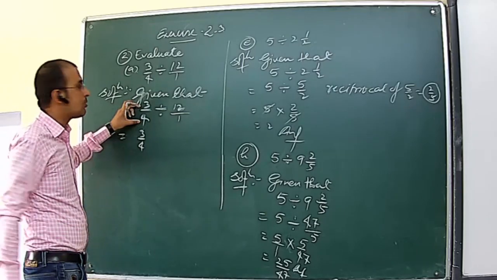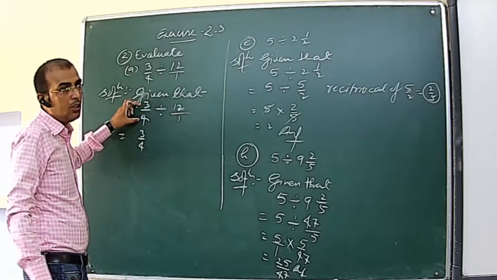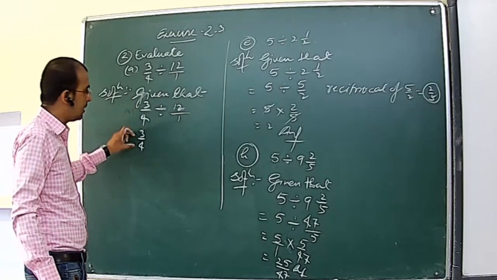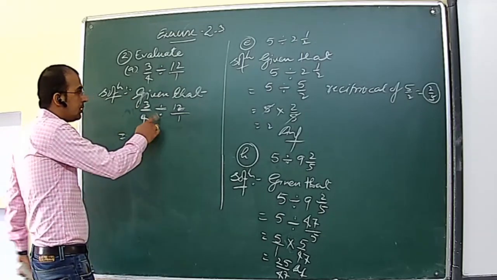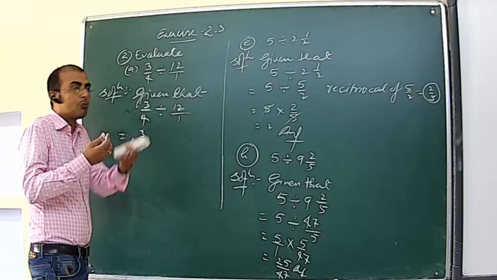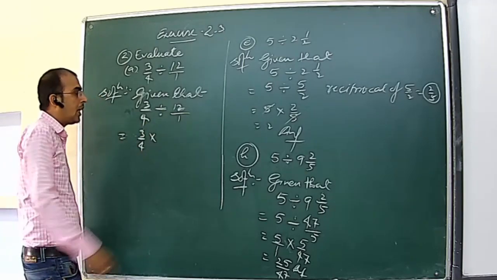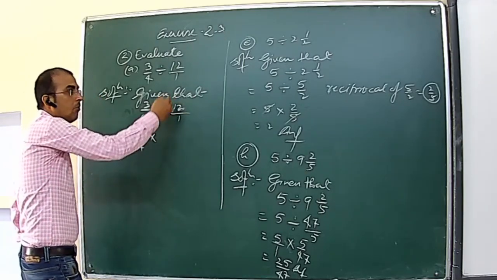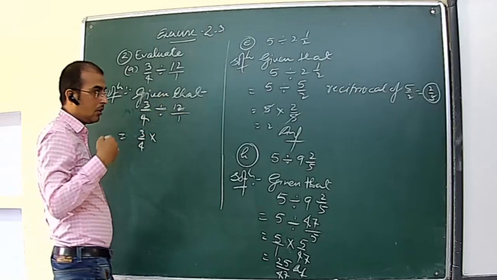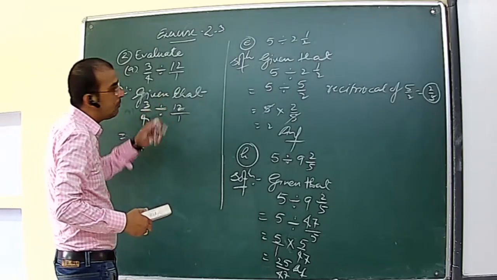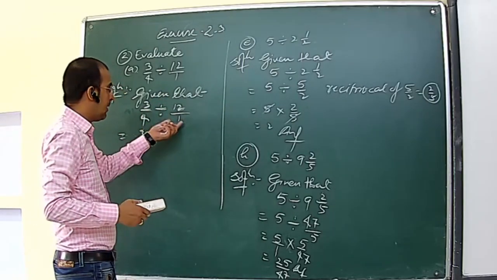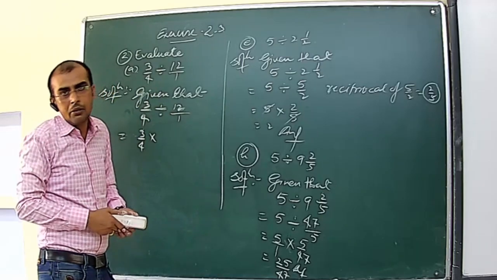The divisor always changes. So remember, the first fraction will not change, this is the dividend. So we will write 3 by 4 and the operation will change, its reciprocal will be the multiplication, and this is a whole number, we can write it as a fraction 12 by 1. Any number can be divided by 1, no problem.